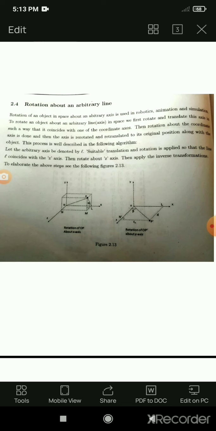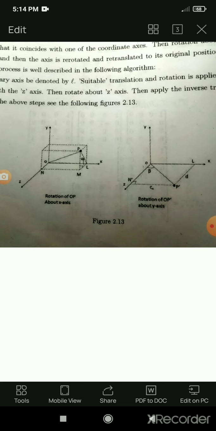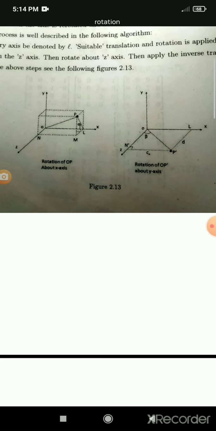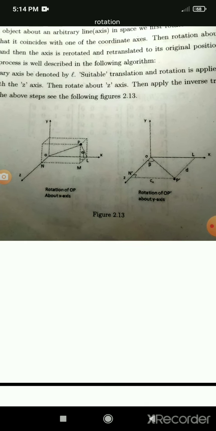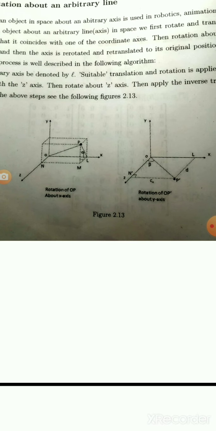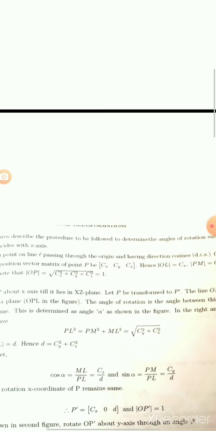To elaborate the above steps, see the following figures. So first is rotation of OP about the x-axis, and then rotation of OP dash about the y-axis. These figures describe the procedure to be followed to determine angles of rotation such that the line L coincides with the z-axis. Then let P be a point on the line L passing through the origin and having direction cosines Cx, Cy and Cz.